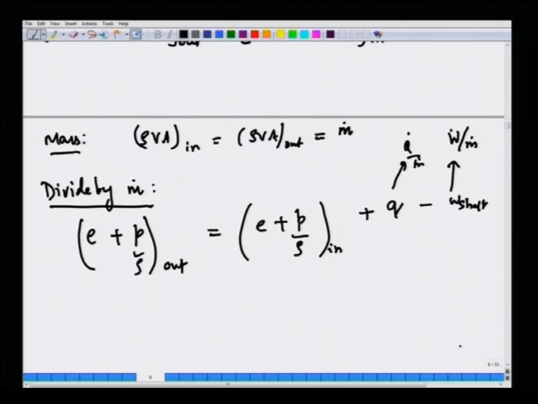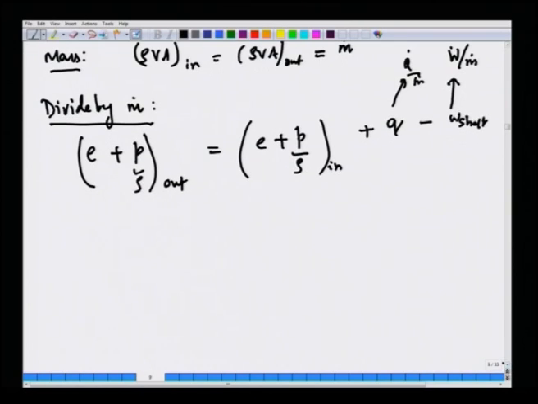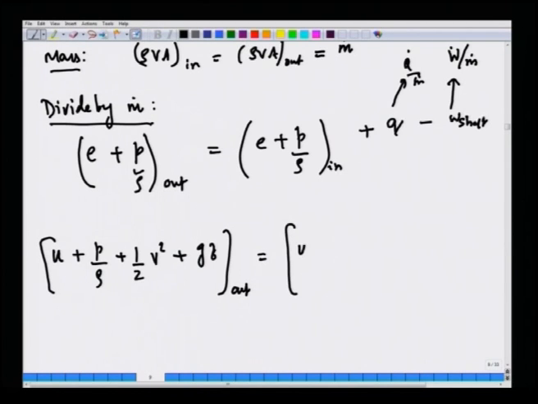and it will be on the basis of per mass of the fluid. Okay. So, once we have done that, now I am going to write E as u plus P by rho plus half V squared plus G Z at outlet is u plus P by rho plus half V squared plus G Z at inlet plus q minus w shaft.